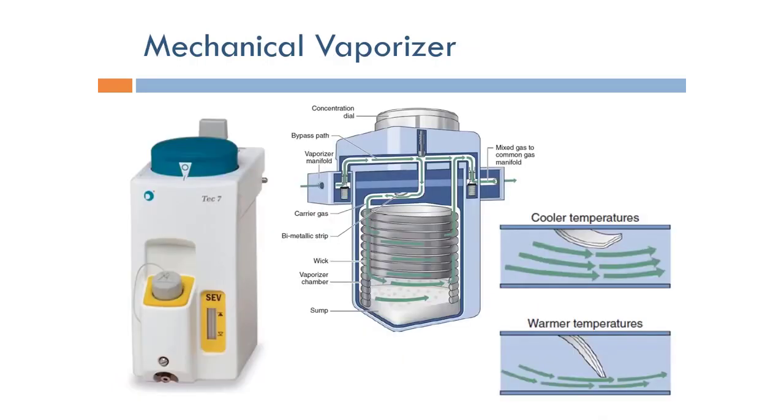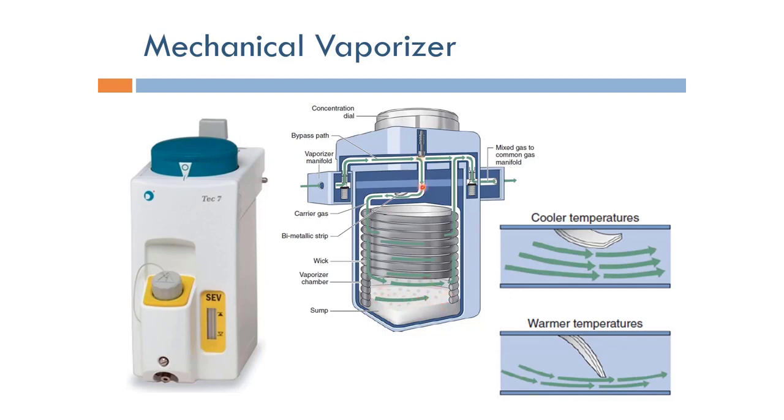Vaporizers can be implemented either mechanically or electronically. The first one, the mechanical vaporizer, relies on a mechanical device that does not require any power, and basically takes the input fresh gas and divides it between a bypass path and a path that goes over the inhalation anesthetic, as we said before.